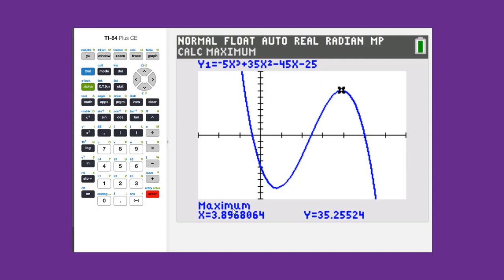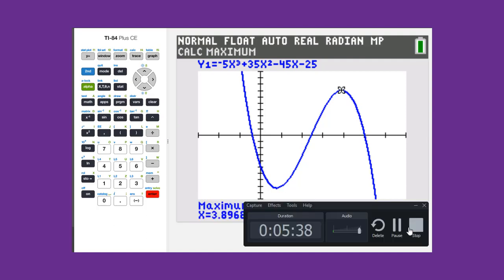Okay, that's how you get the zeros and the minimum and the maximum value of a polynomial. Make sure you set up the correct window. It's very helpful for you to get those values.